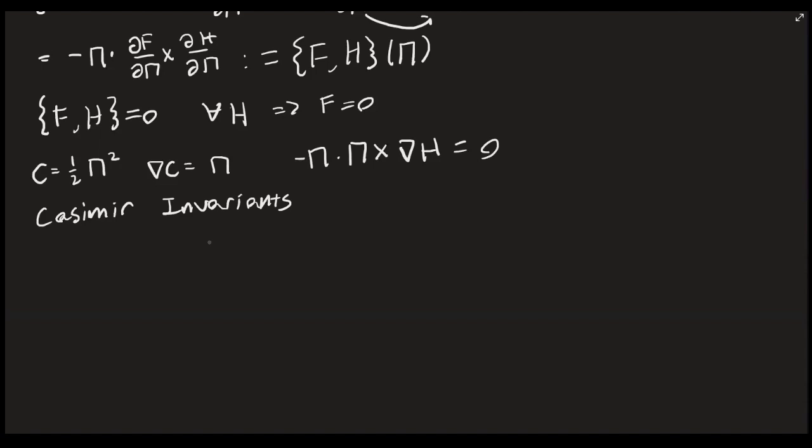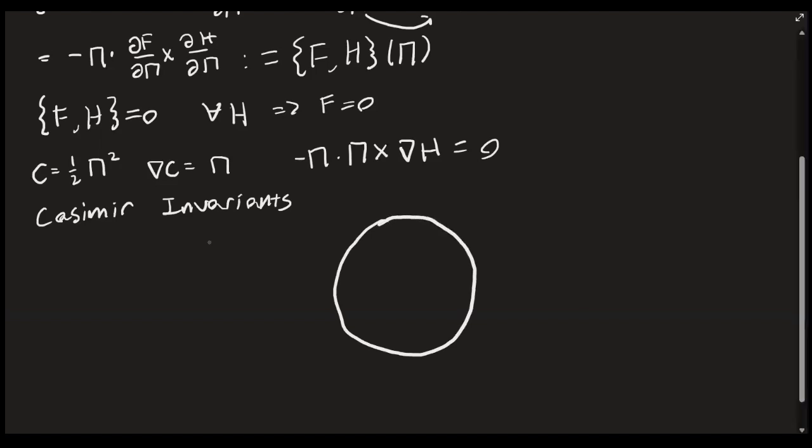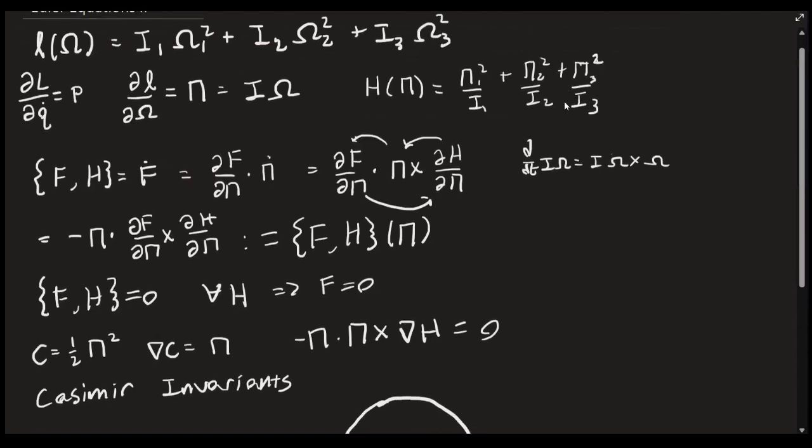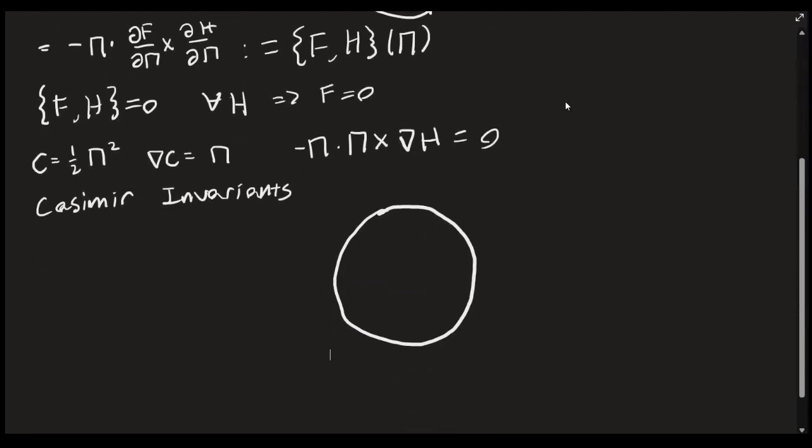So a level set of C is going to look like a sphere, and a level set of H, did I write it? Yes, it's just going to be an ellipsoid. I'm going to draw a very eccentric ellipsoid to make it clear.